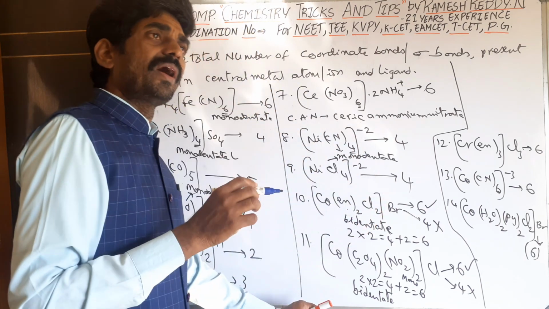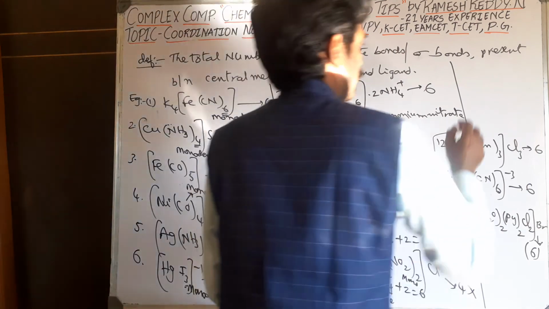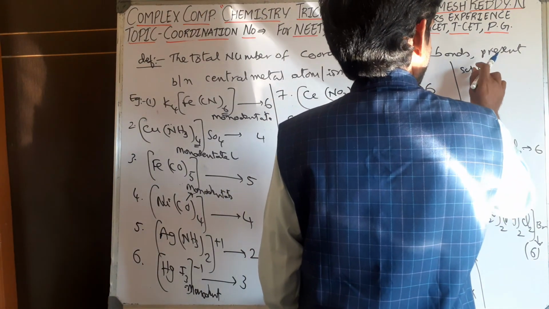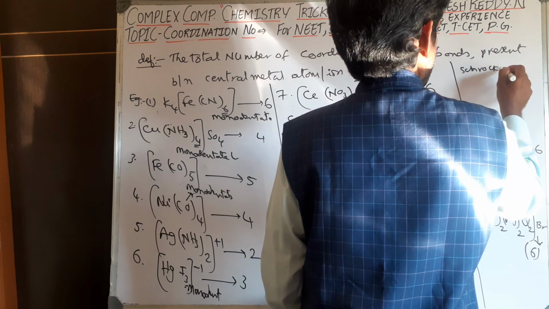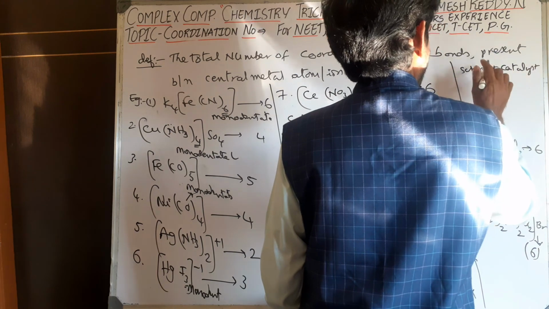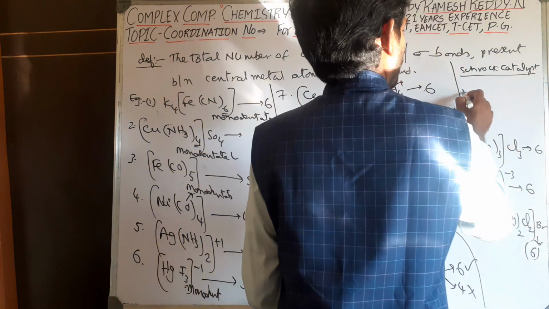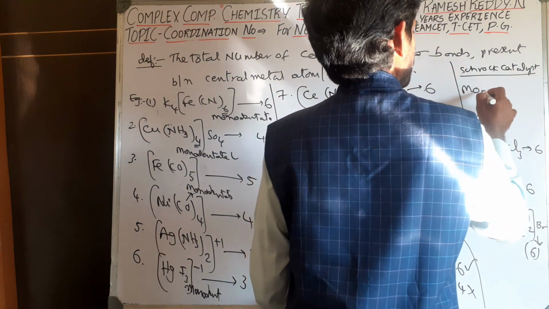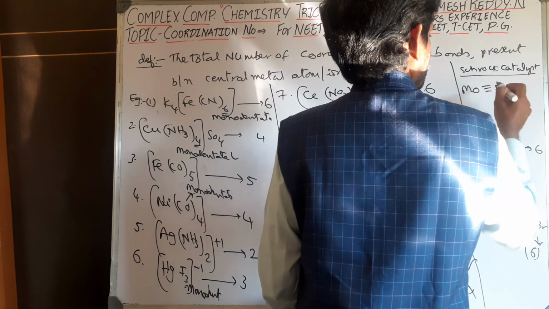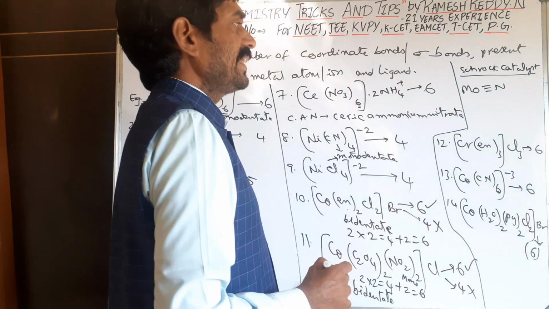Generally, some of the complexes, for example, a Schrock catalyst. So in this catalyst, the central metal atom is molybdenum and the ligand is nitrogen. So it can form 3 bonds.